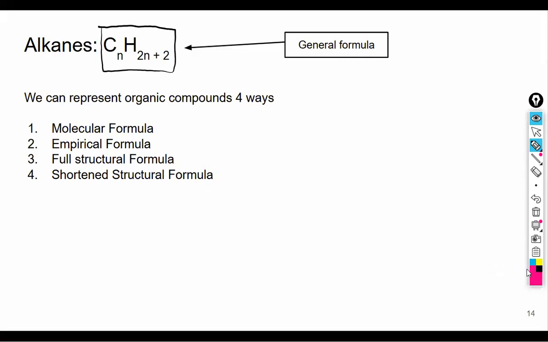So let's just say I come and tell you, hey, I have an organic compound. It's an alkane. So I tell you the category. And I come and tell you it has 6 carbons in it. So I am telling you the letter n in the formula is 6, right? Because n represents the number of carbon atoms we have.